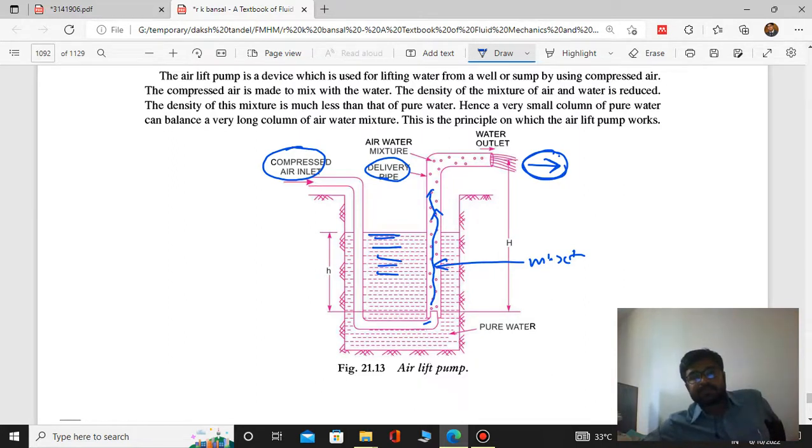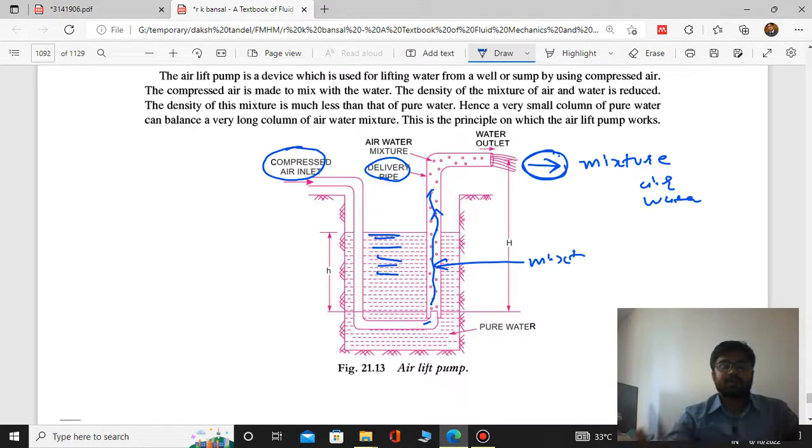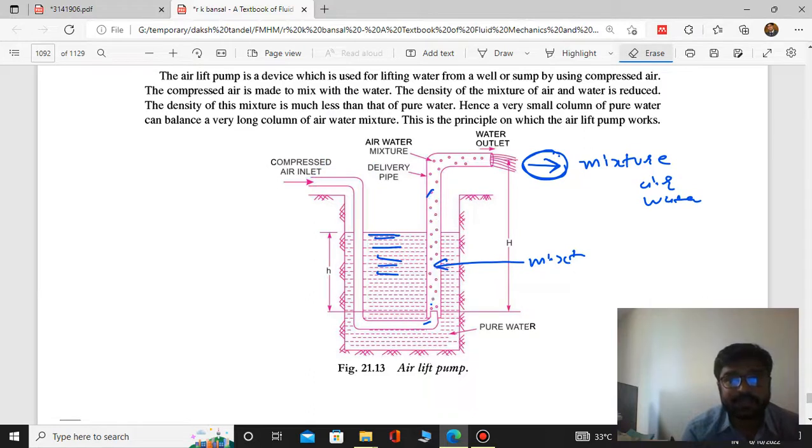What comes out is basically a mixture of air and water. So mixture has a lower density compared to pure liquid, so that's why its level increases, and that's why from delivery pipeline we can get water along with air. So this is also one type of pump, known as airlift pump.